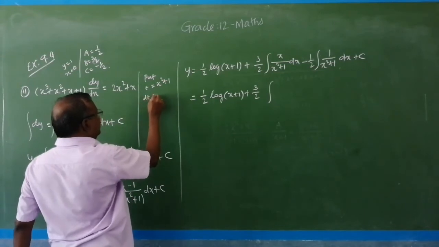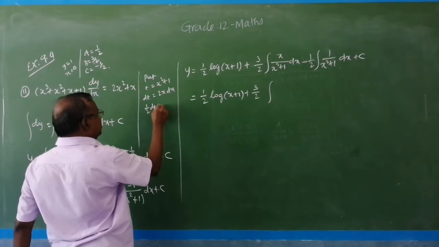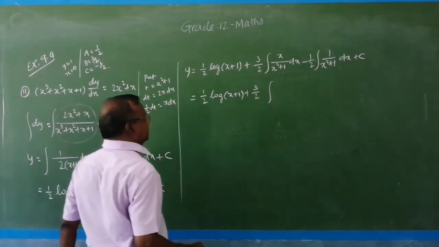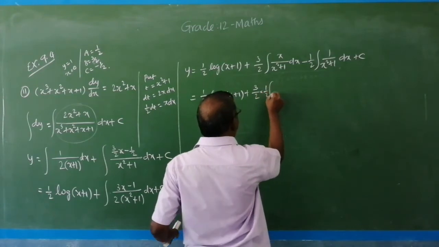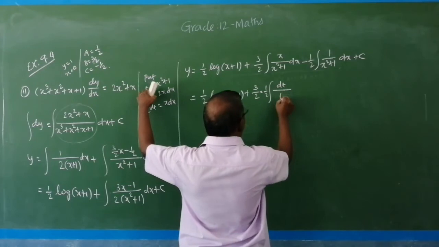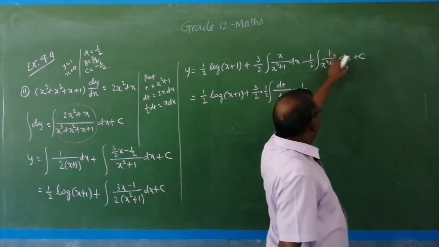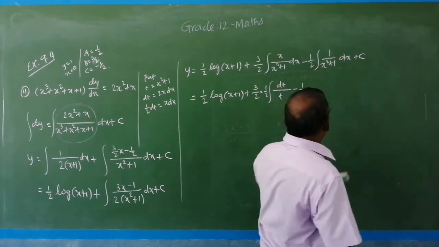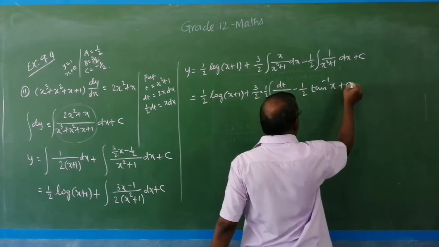Therefore dt equals 2x dx, or 1 by 2 dt equals x dx. So instead of x dx, put 1 by 2 dt. The remaining denominator is t, and minus 1 by 2 into the antiderivative, that is tan inverse of x plus c.